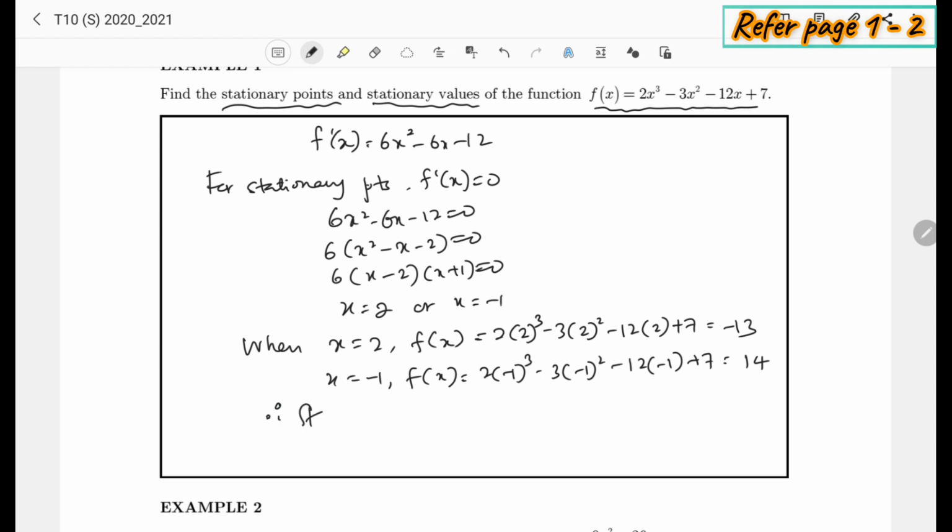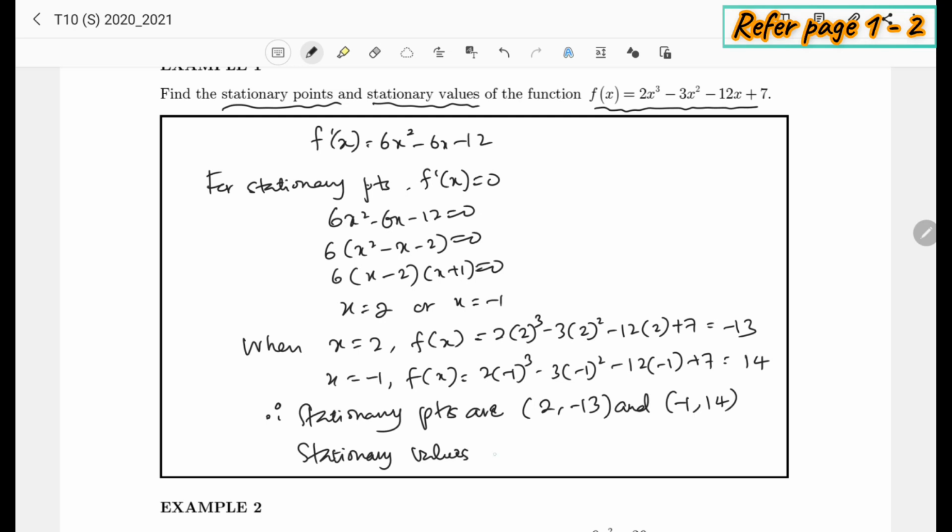Hence, stationary points are (2, negative 13) and (negative 1, 14). Stationary values are negative 13 and 14.